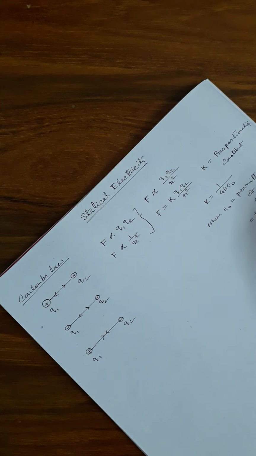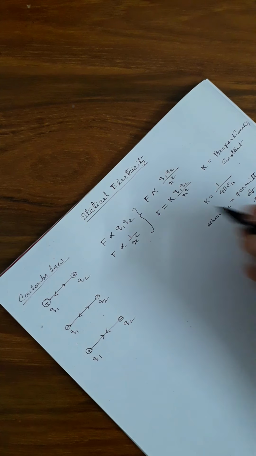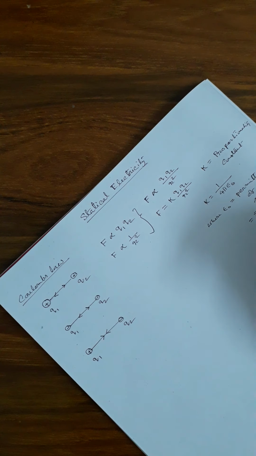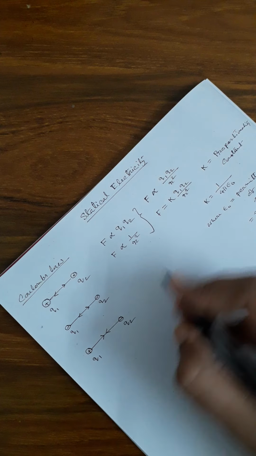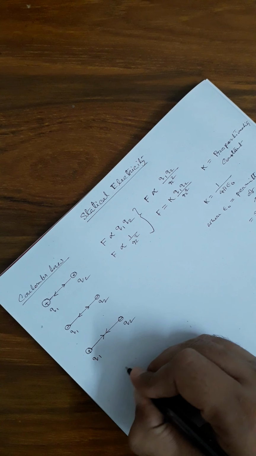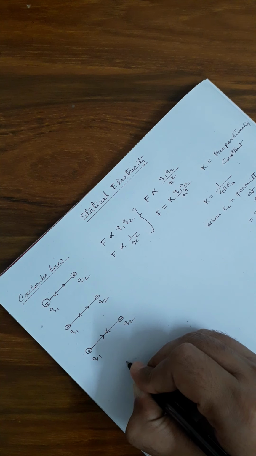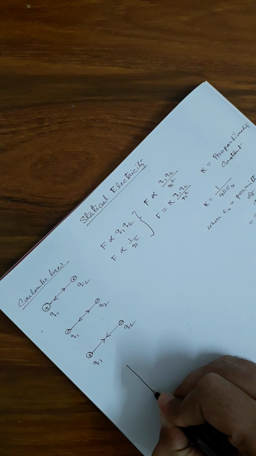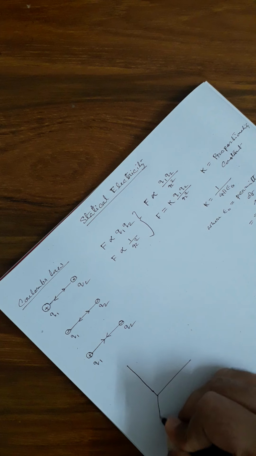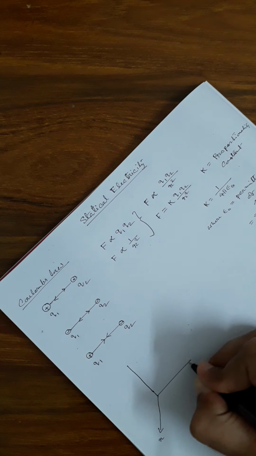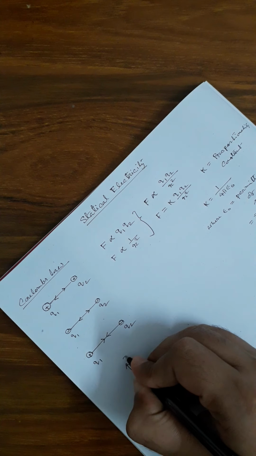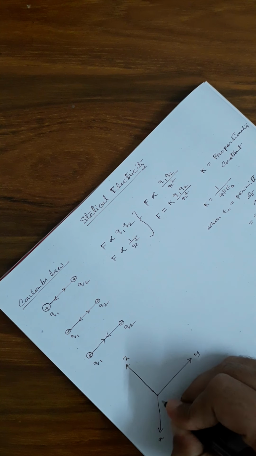Now we can discuss Coulomb's law in vector form. For that purpose, we can consider the Cartesian coordinate system x, y and z, and this is the origin.